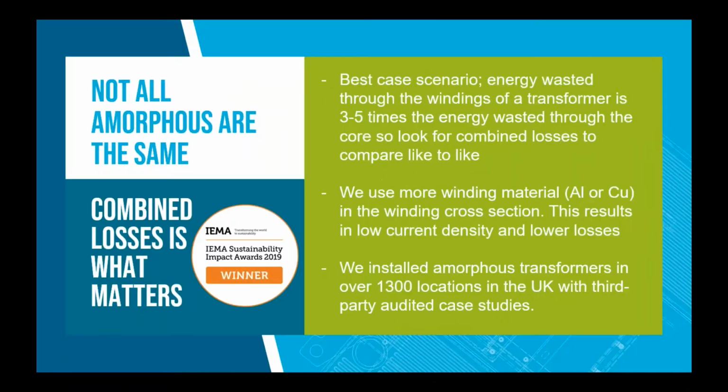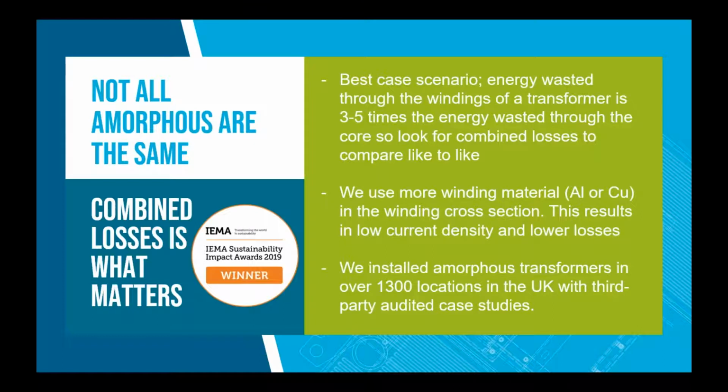This slide really is for customers that usually come to us asking, why is your Wilson E3 amorphous not as cheap as X, or other suppliers who have amorphous transformers? I want to say that not all amorphous are the same.